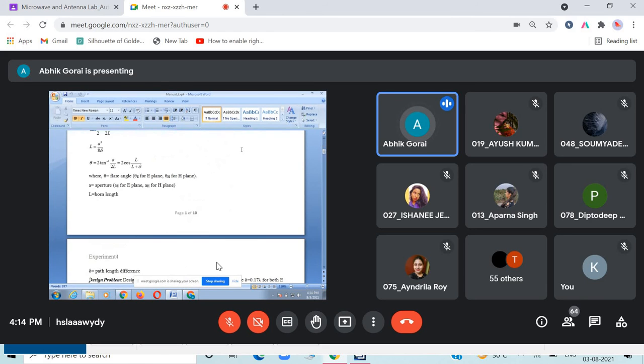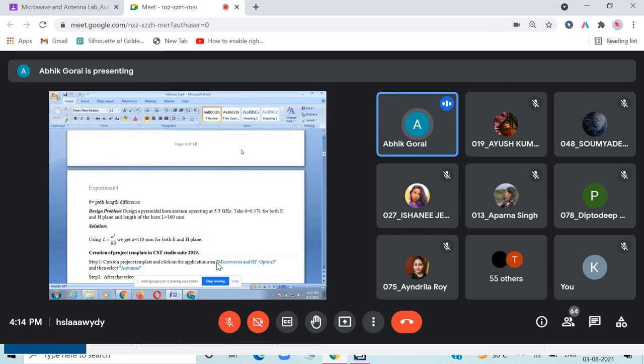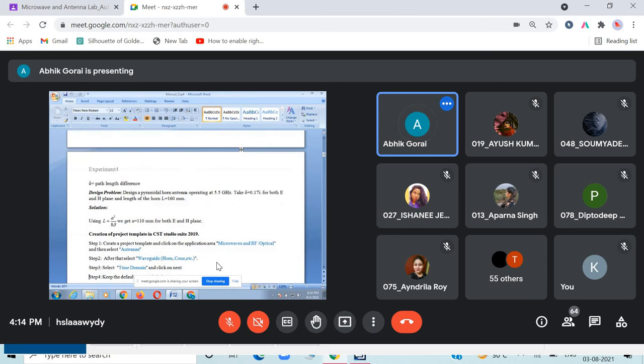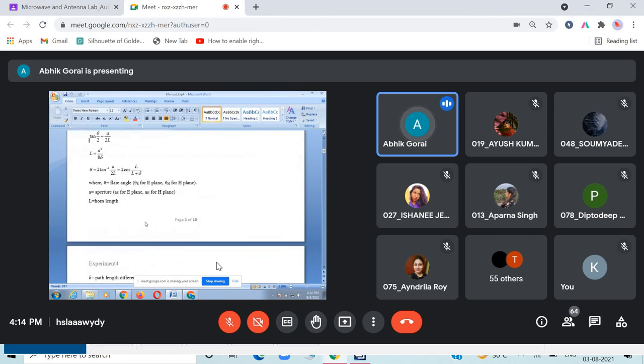So the design equations are like this, and the design problem I have given. You can start your experiment. All the dimensions are calculated. You can verify yourself. The only thing you have to know is L. L is equal to A squared by 8 delta, and in the design problem I have given delta as 0.17 lambda, and according to that, we get A equal to 110 mm. What is this A? Let us see.